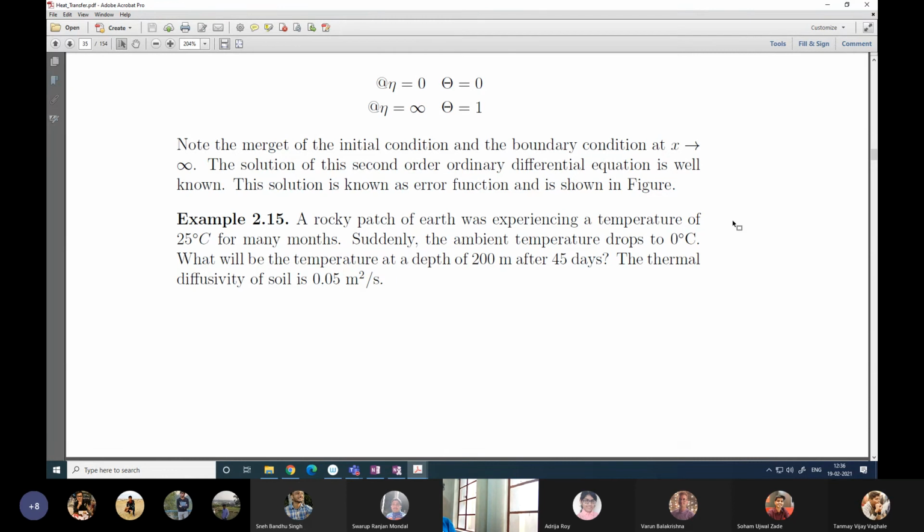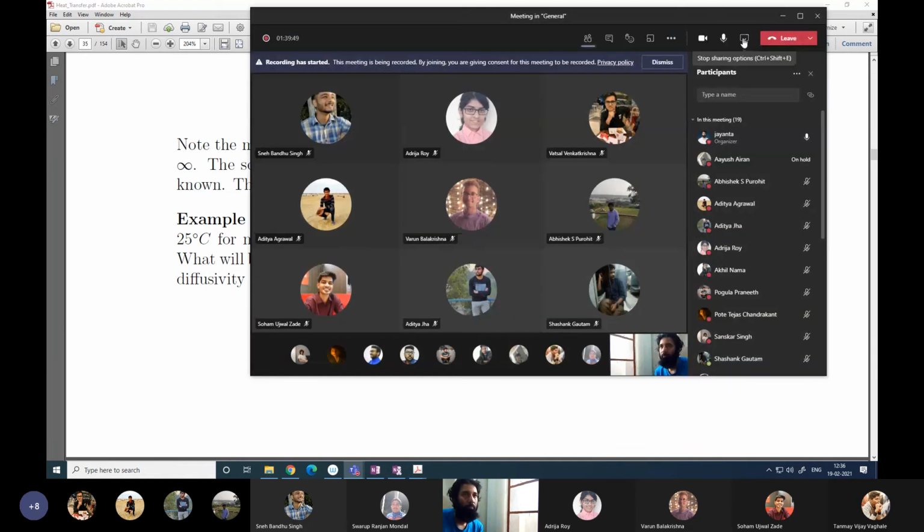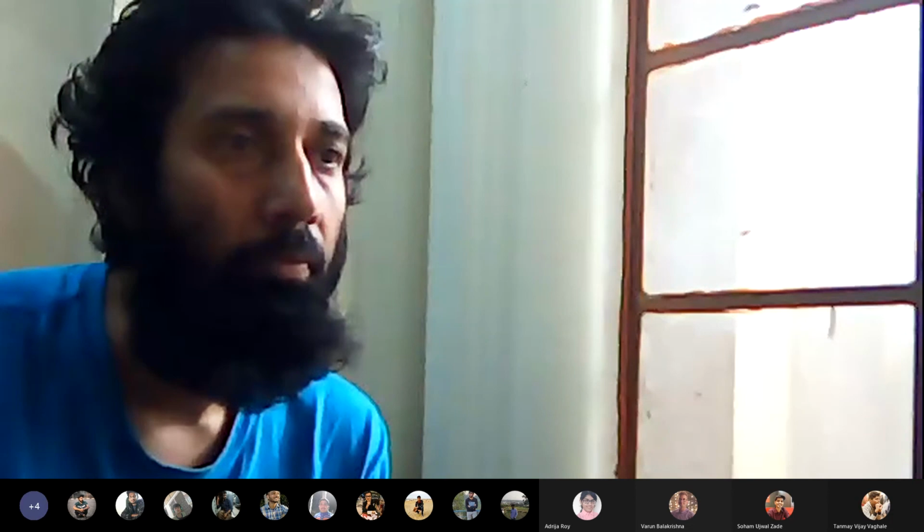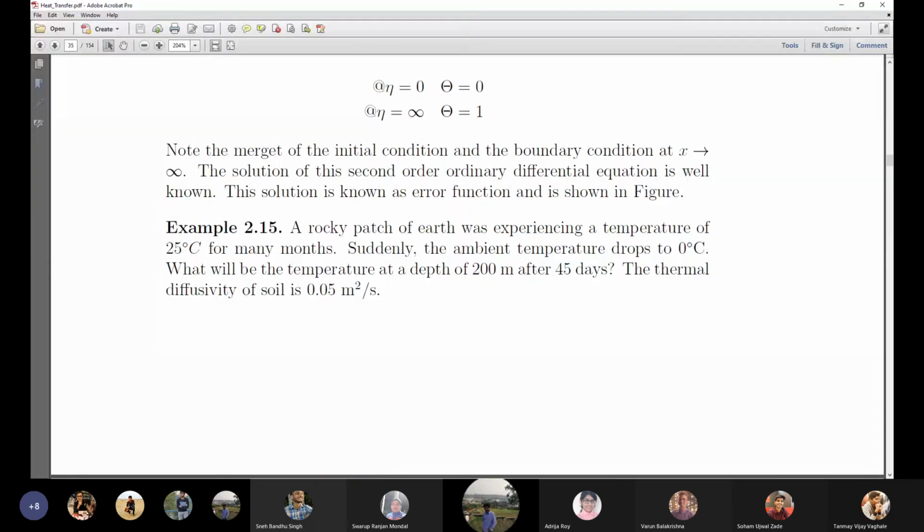So what is the value of eta? Post the value of eta in the chat box. Varun, check your values. Abhishek Purohit, your value is matching here. Snehabandu Singh okay. Varun needs to check.